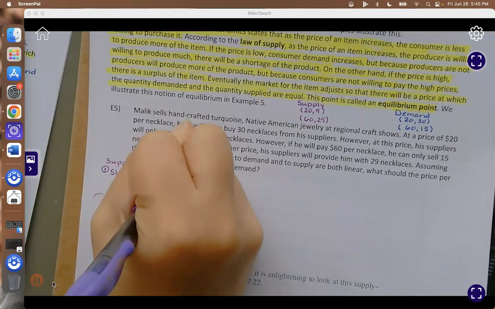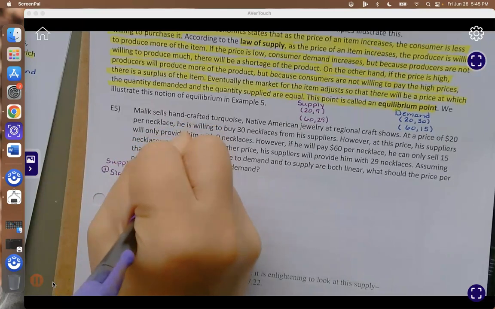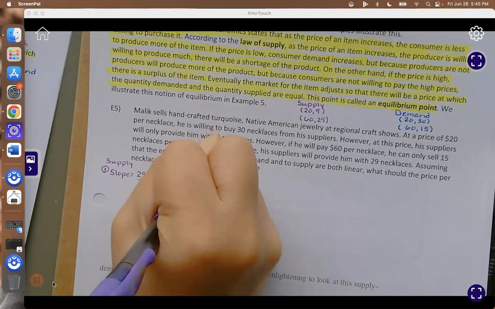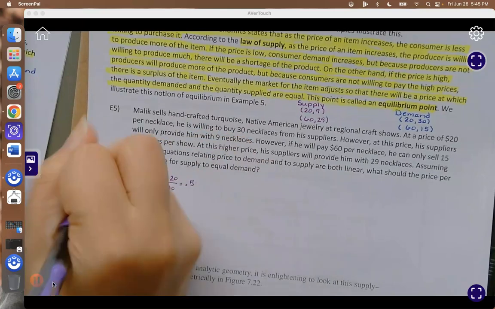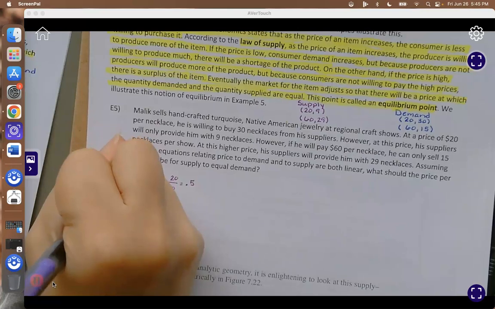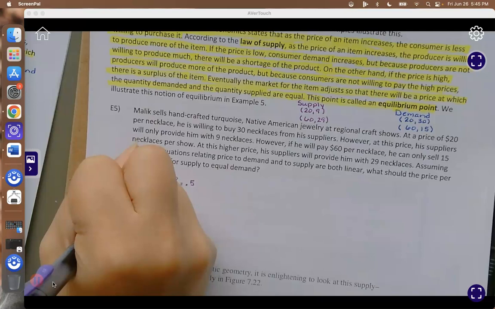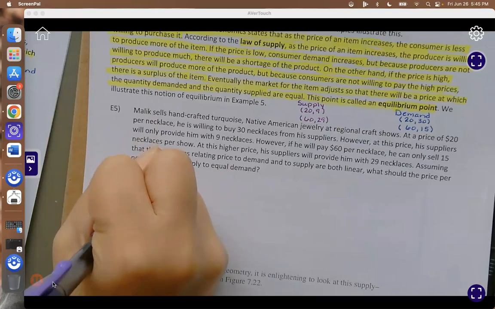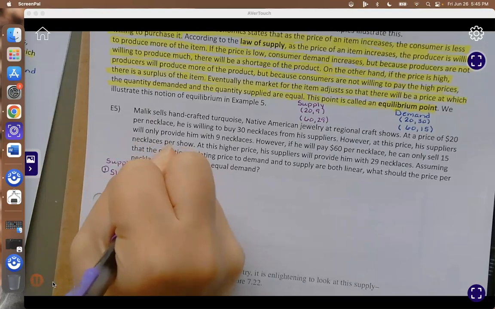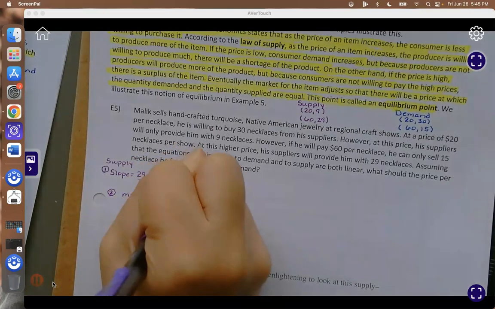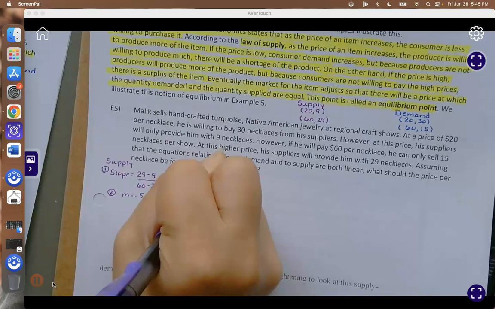And that's 20 over 40, which is 0.5. Okay. Step 2, we need to find our equation. So our slope is 0.5. And the ordered pair, we always use our first one. And we're going to write an equation using our y equals mx plus b.